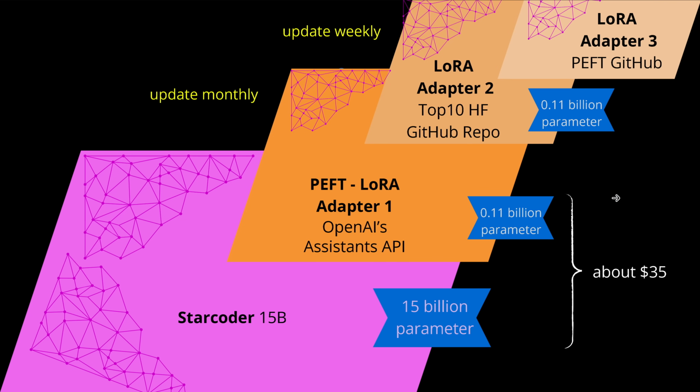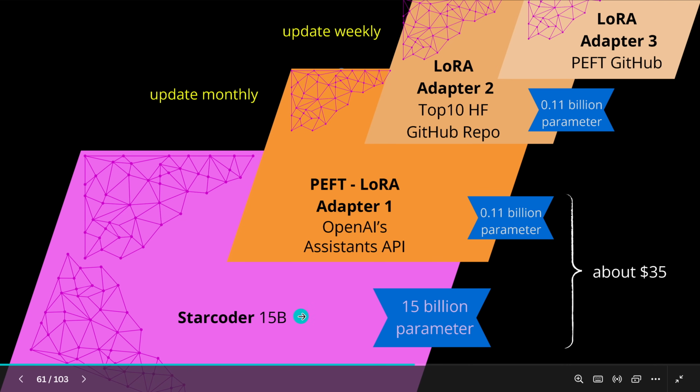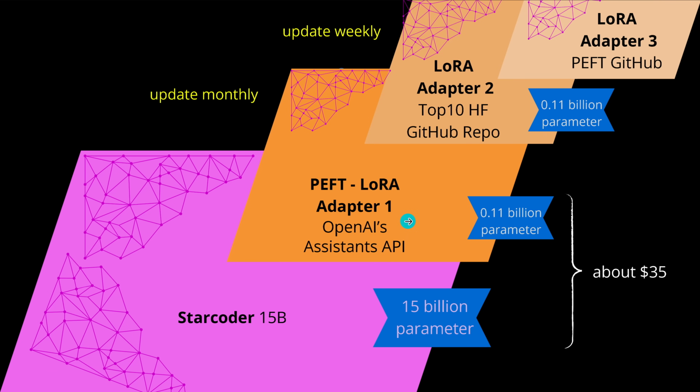To give you an idea, I used StarCoder 15B, and I trained this on OpenAI's assistant API documentation with a PEFT LoRA methodology with those 0.1 billion parameters, and it cost me about $35. And I did not fully optimize it. So you can do it a little bit cheaper if you do it in a more clever way than I do it.